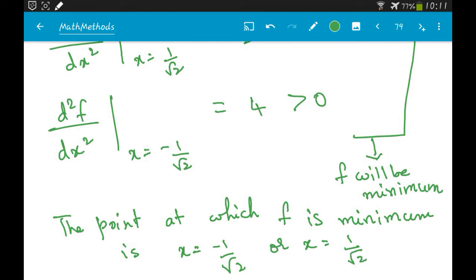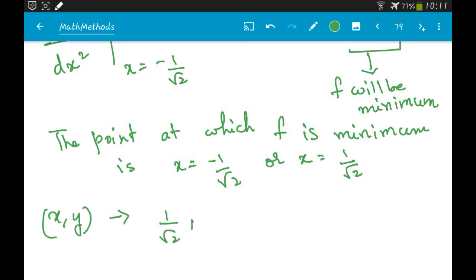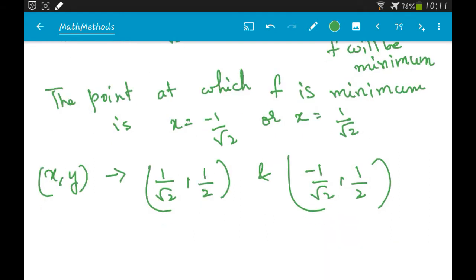Okay. Alright. So the x and y points are (1 by root 2, half) and (minus 1 by root 2, half). Right. So for both these points, the distance between the origin and the curve will be the minimum value. Okay, so this is what your answer is.